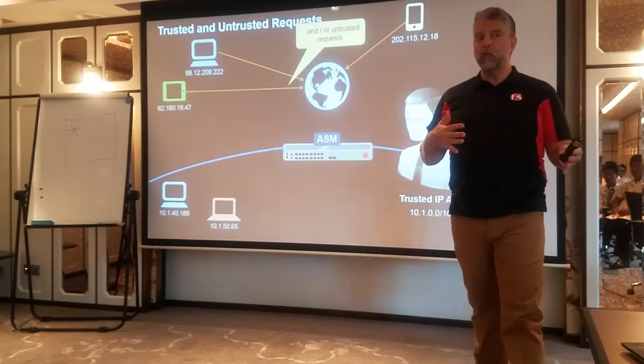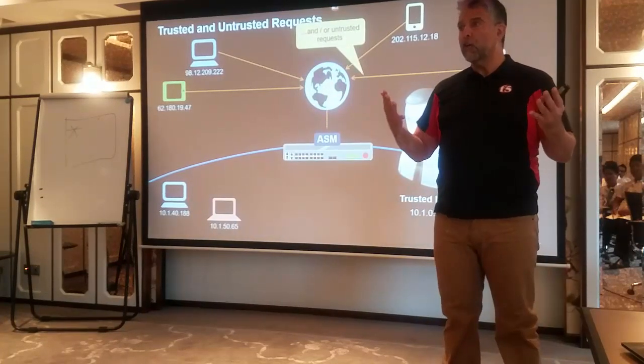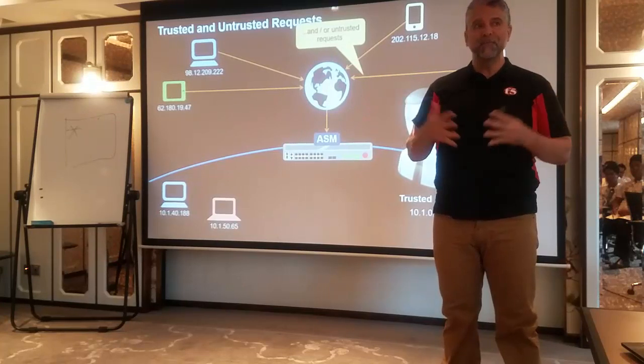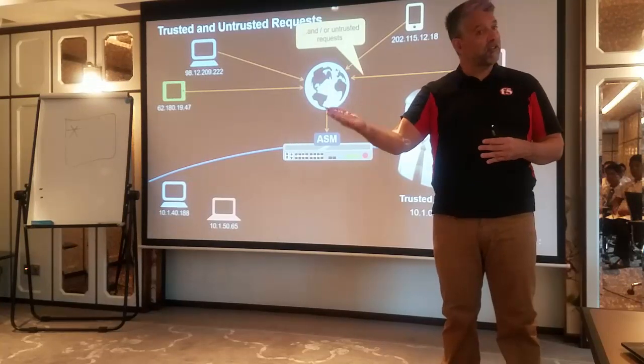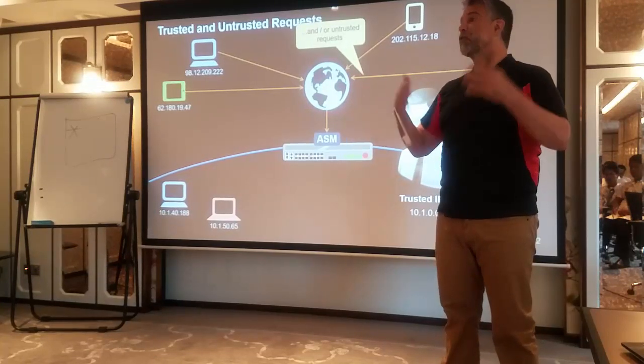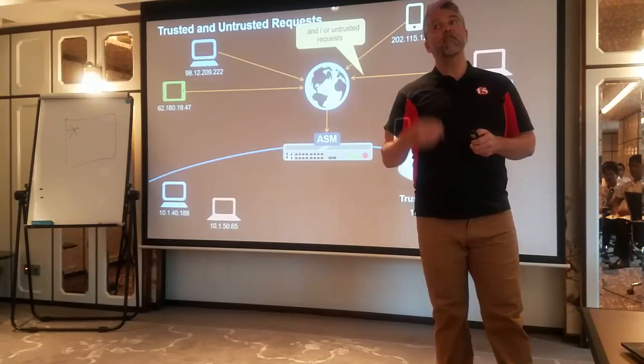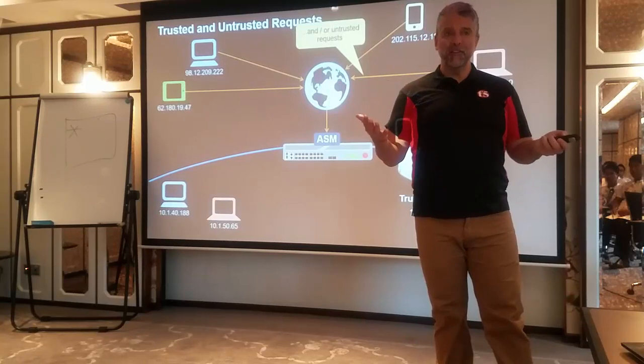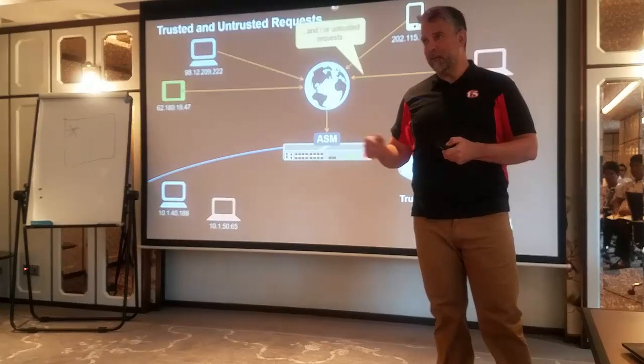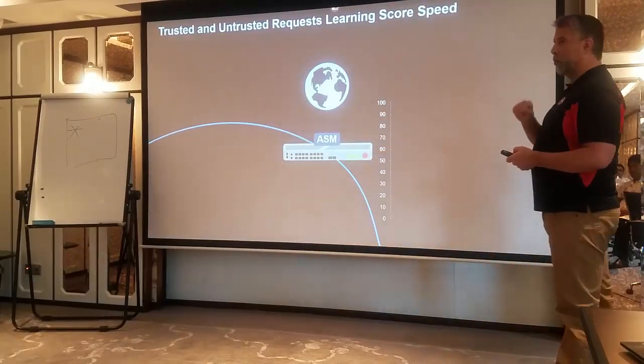So both of these sources are involved in policy building. Both of these sources add suggestions. Both of these sources increase learning scores. The key, though, is the rate at which the learning scores increase. That's what's important to understand.